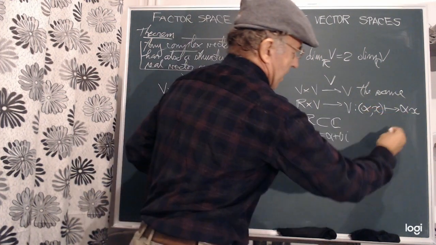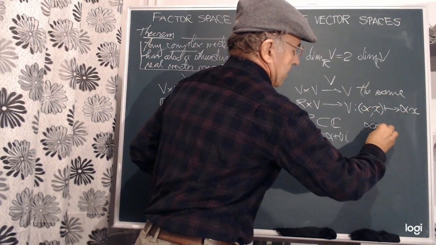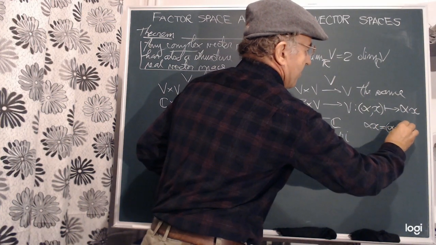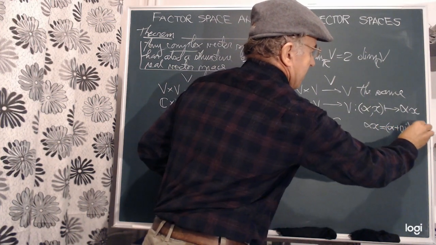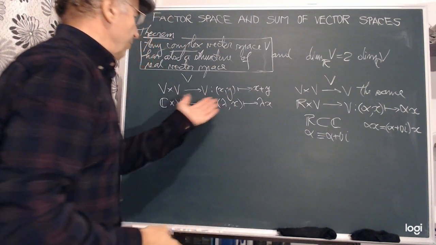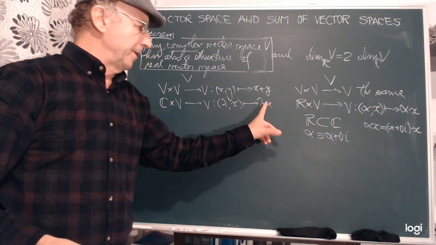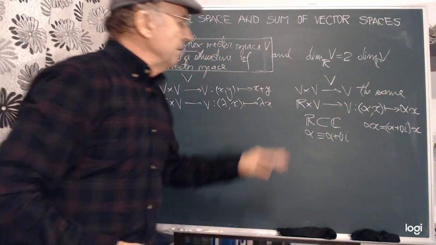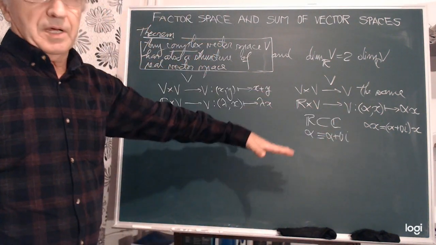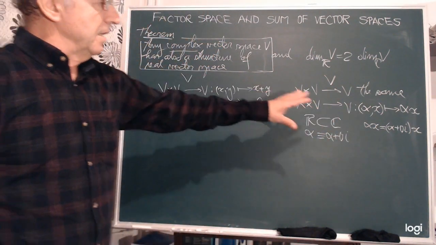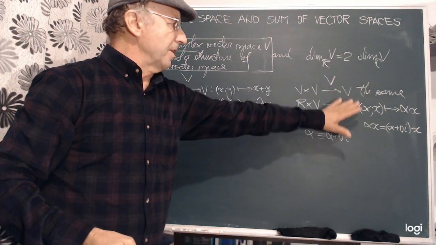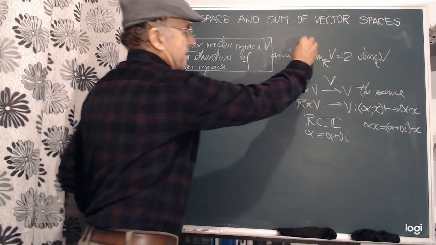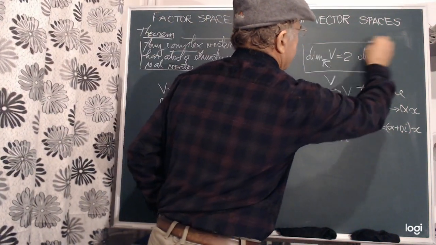So here alpha X is alpha plus 0I times X, and we know how to multiply a vector by a complex number. All the axioms are satisfied, and we have a structure of a real vector space. Now let us prove this relation.